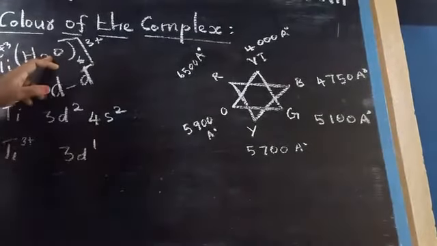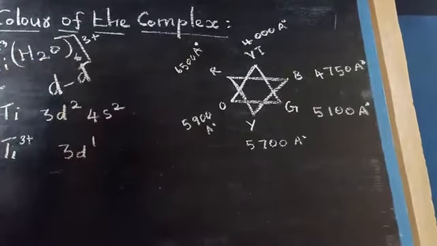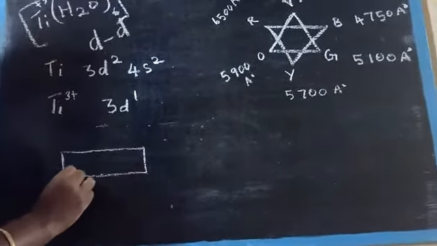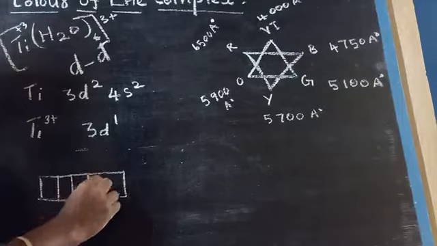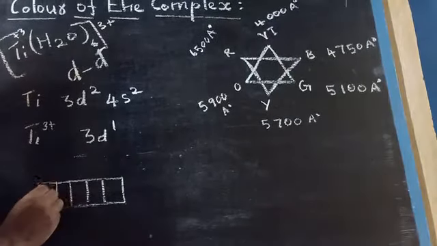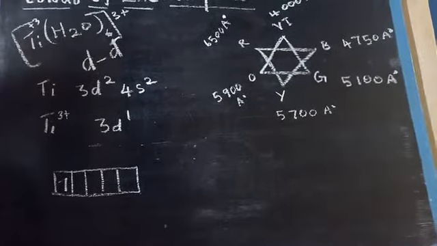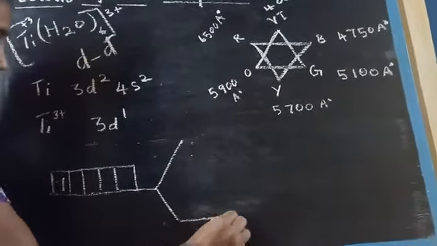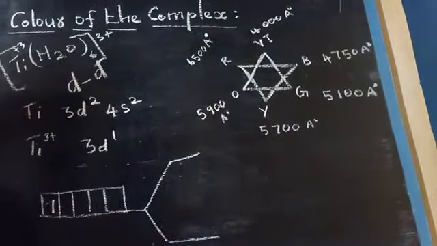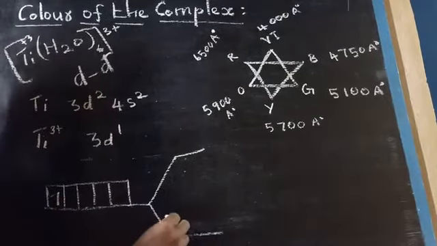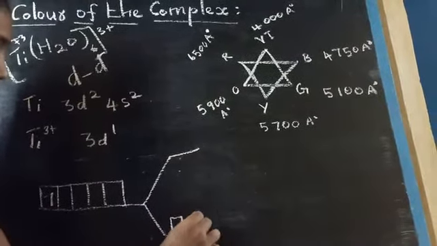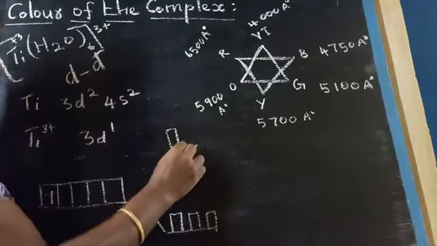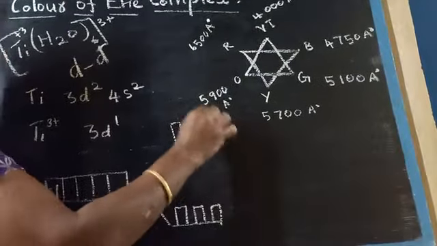Here the 6 water molecules make it octahedral. Now the d orbitals: 1, 2, 3, 4, 5. Here there is only 1 electron. Crystal field splitting takes place. Since it is octahedral, the t2g lies at the lower energy level and the eg lies at the higher energy level.